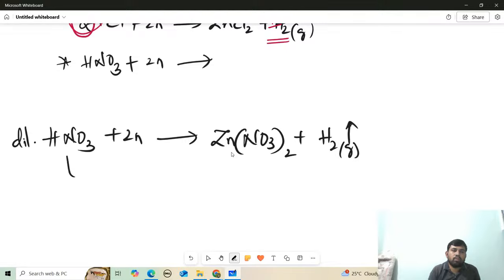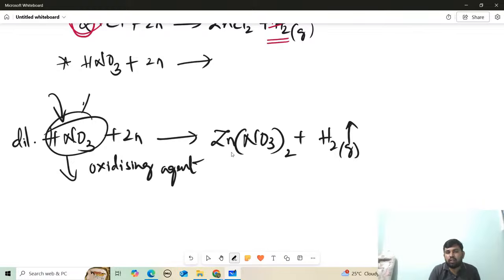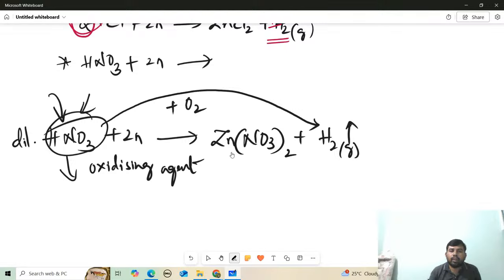But here, what happens? It has the character of an oxidizing agent. So nitric acid has the property of an oxidizing agent. That's why they repeat the activity with this. They know very well, here we are going to trap you. First this reaction will take place, and immediately HNO3 will add oxygen.